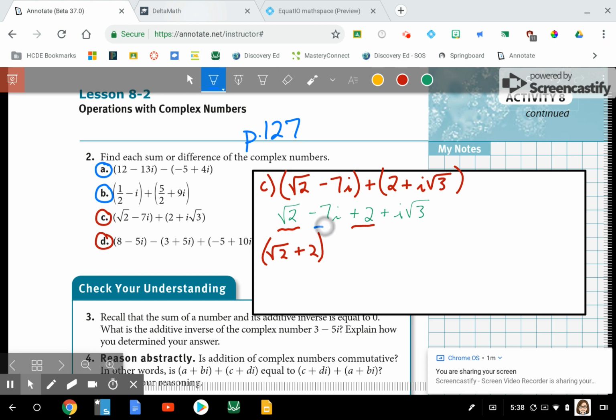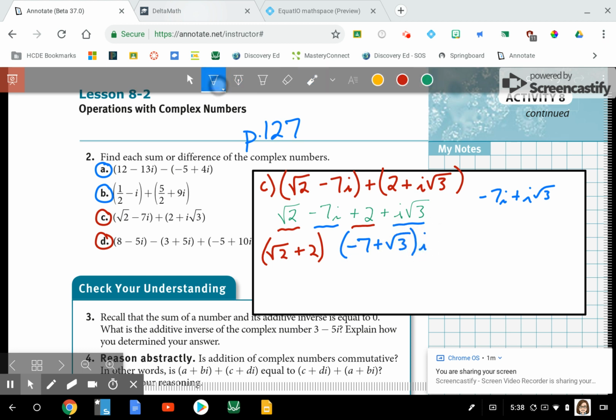Okay, over here, we have the i terms. So we have a negative 7 plus the square root of 3. Since they both have i, I'm going to put these two terms in parentheses and put the i right beside them. I could write this as negative 7i plus i square root of 3. But since they have that common term of i, why not just write it as the two terms with i already pulled out?